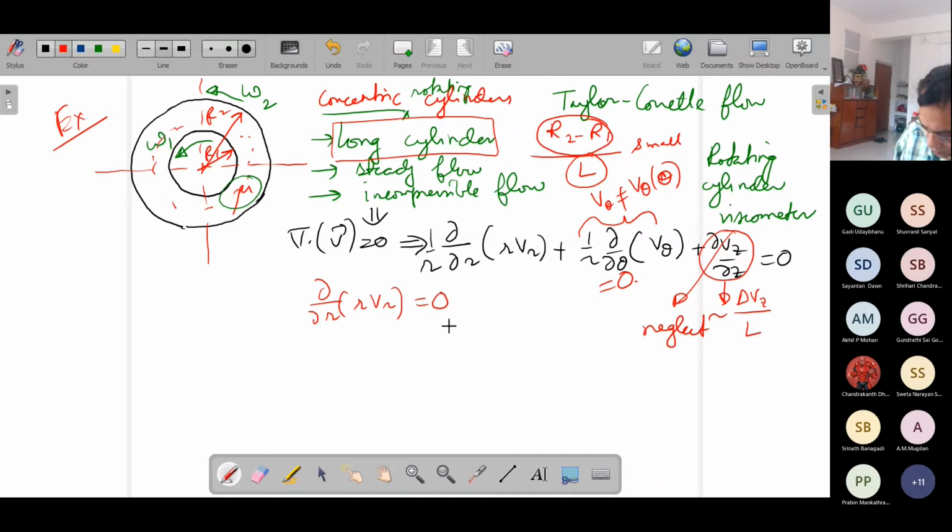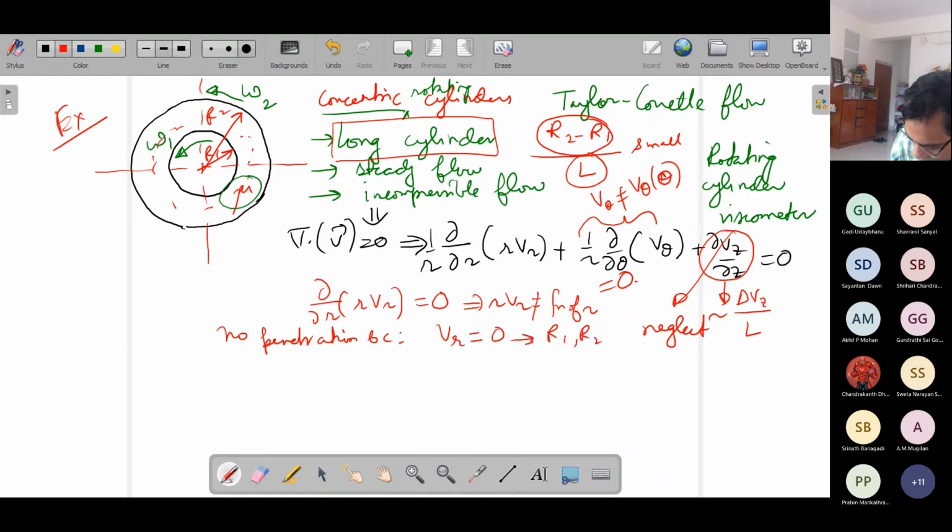And that means R VR is not a function of R. So we now know from the no penetration boundary condition that VR is equal to 0 at both R1 and R2. The fluid domain is the annular space between the cylinders.